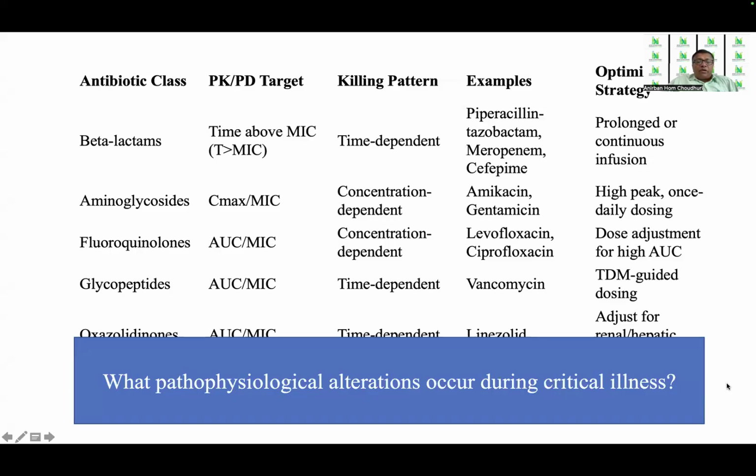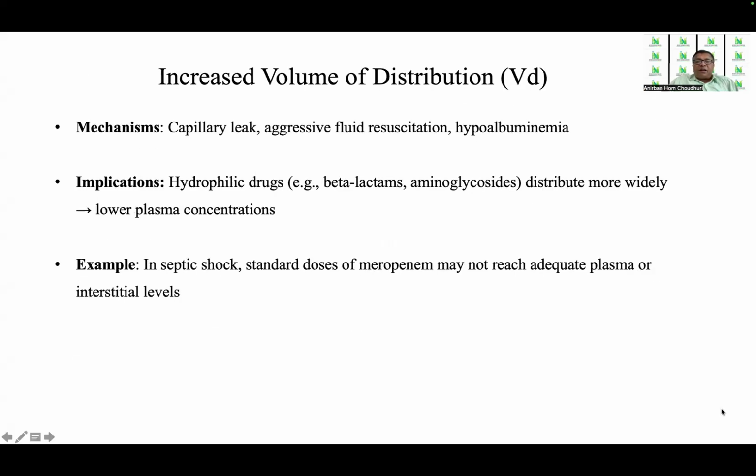So what pathological alterations occur during critical illness that can cause these differences? One is the increased volume of distribution. Whenever there is critical illness, particularly when the inflammatory system is activated, there is capillary leak, aggressive fluid resuscitation, and hypoalbuminemia. So all the hydrophilic drugs become distributed more widely.